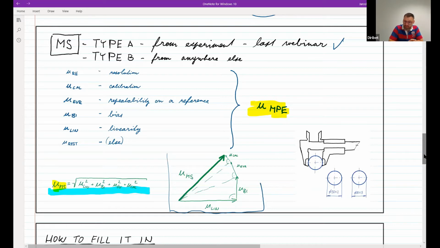And the vector sum of those, if they are perpendicular, is the square root of the sum of squares. And you can be adding those one by one, always perpendicular to the last one which you had, and the total is the UMS, the uncertainty of the measuring system.